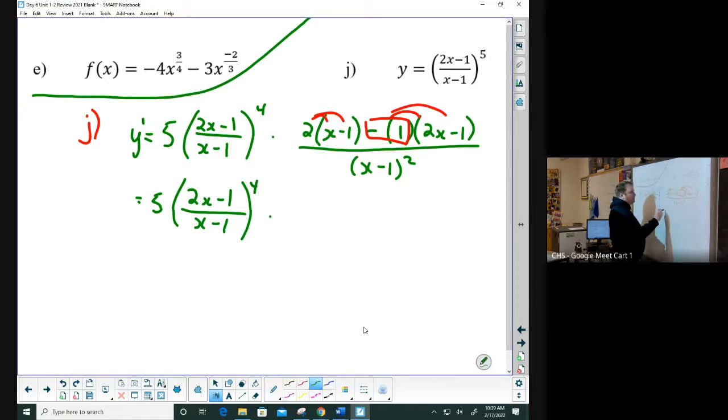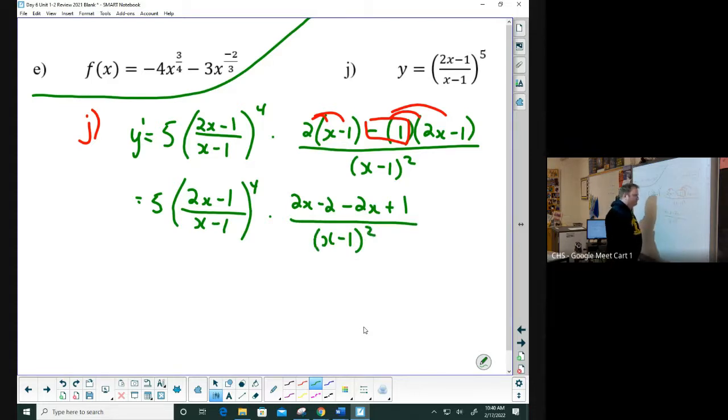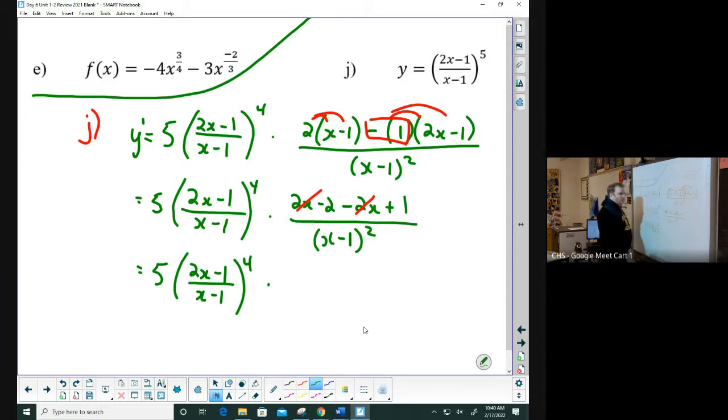So 2x minus 2, I'm rainbowing at -1, so it's minus 2x plus 1, all over x minus 1 squared. By rainbowing, I see that the 2x minus the 2x is going to be gone, and I'm left with 5, 2x minus 1 over x minus 1 to the power of 4, times, and then -2 plus 1 is -1 over x minus 1 squared.